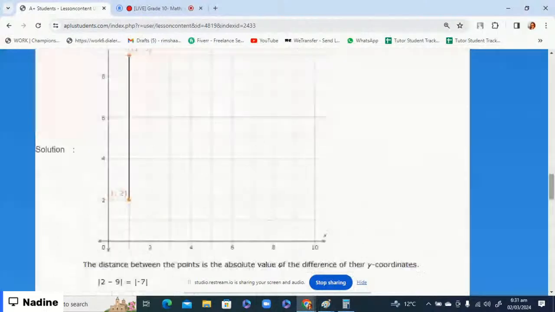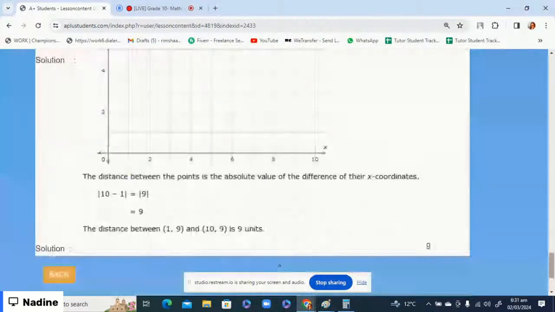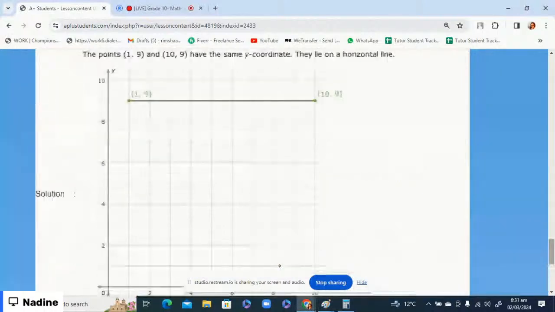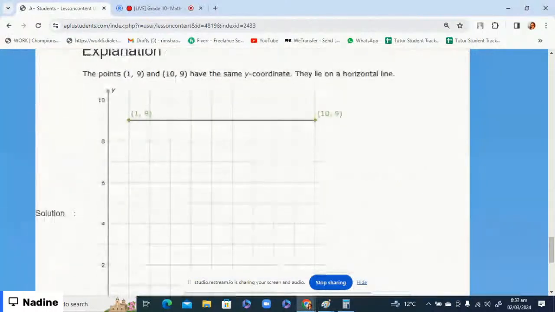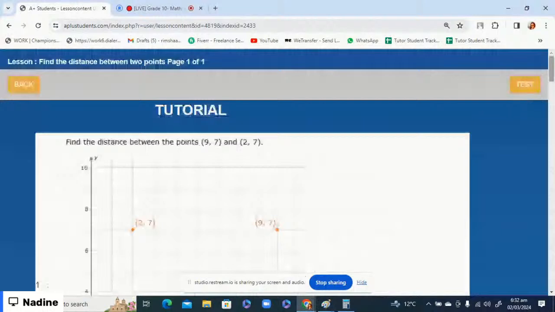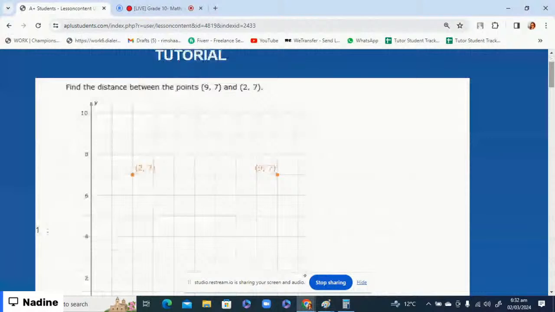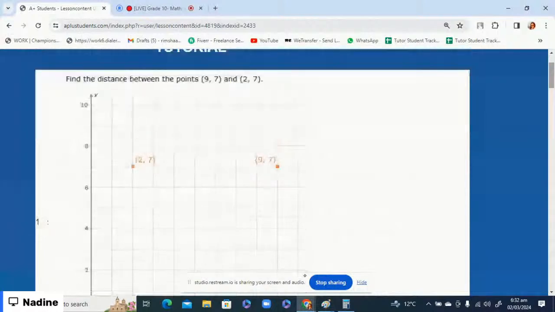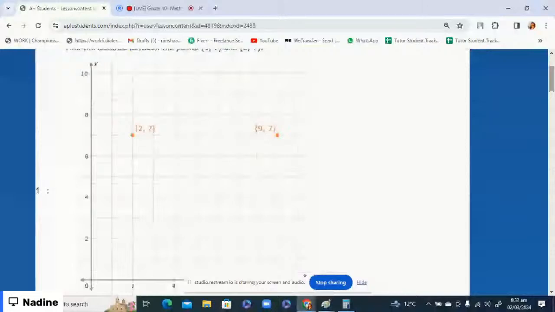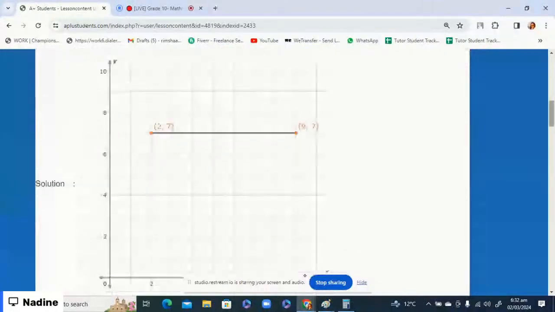I'm going to choose a question here. For example, how can we solve this one? Find the distance between the points (9, 7) and (2, 7). First of all, we draw it here.